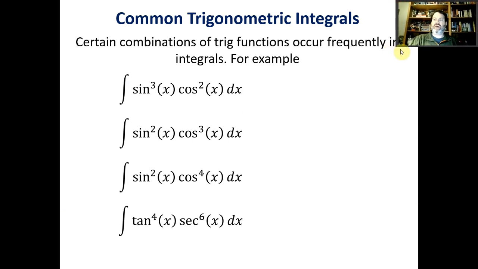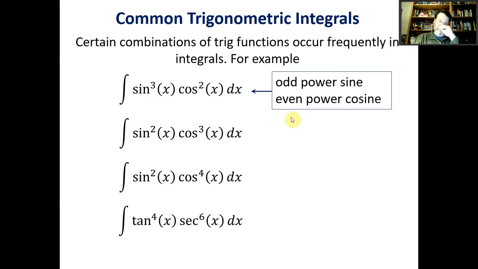So it turns out that there are some common combinations of sines and cosines, tangents and secants, or cotangents and cosecants that happen all the time in calculus, and we have to learn how to deal with those. Here are just a few examples I pulled from the homework.